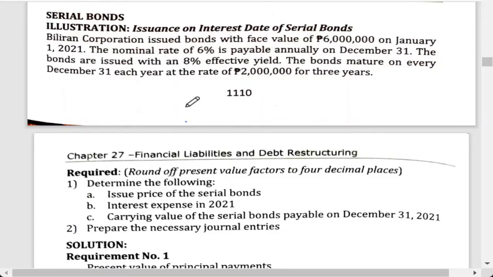The bonds are issued with an 8% effective yield and it matures every December 31 each year at the rate of 2 million for 3 years, which is sakto because if it is 6 million and 2 million ang regular payments niya, so 6 million divided by 2 million, that would mean 3 times magbayad. So that's 3 years.